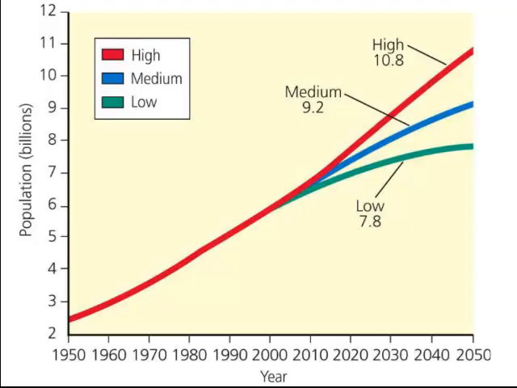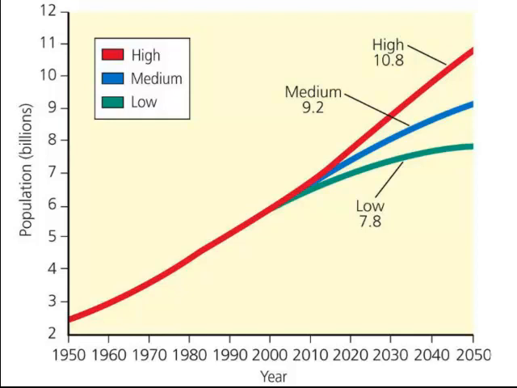Now, as we've already said, we don't know what type of growth curve the human population is showing. We don't know whether it's showing an S-shaped or a J-shaped curve, so we can't actually know how big the population will get. You can see that there are different viewpoints on how large our population will be. Some people, hoping that we go into an S-shaped curve, think our population will stabilize at about 7.8 billion people.